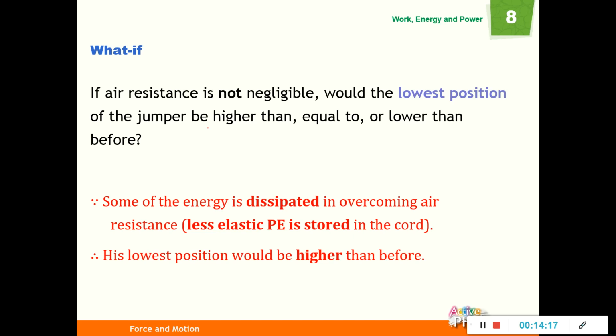Energy loss to overcome air resistance. Then less EPE is stored in the cord, because some energy is used against air resistance. Then what happens? Its lowest position will be higher than before. It means that it cannot reach the original or expected lowest position.